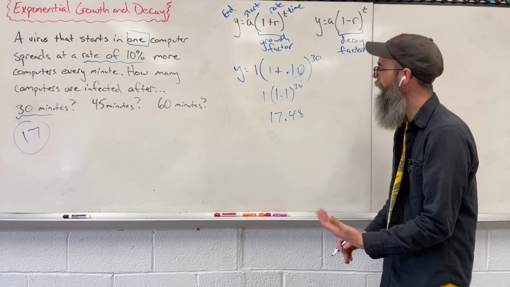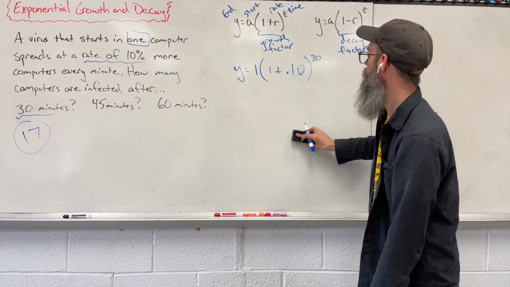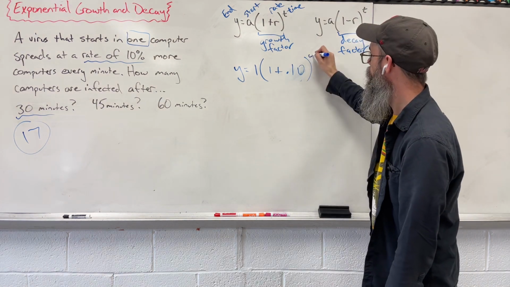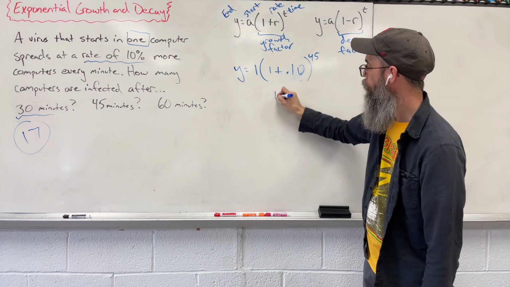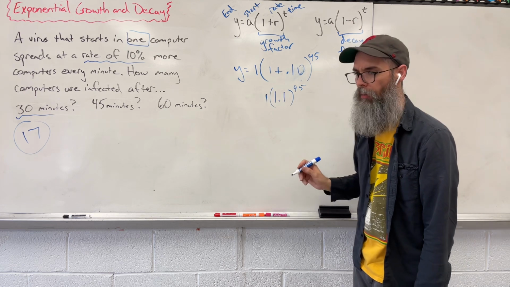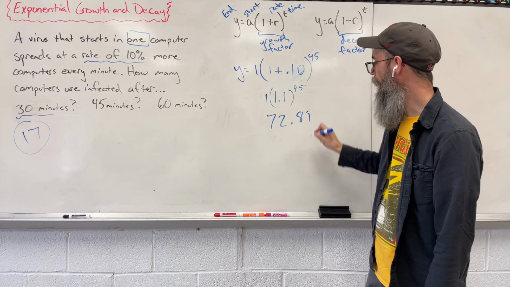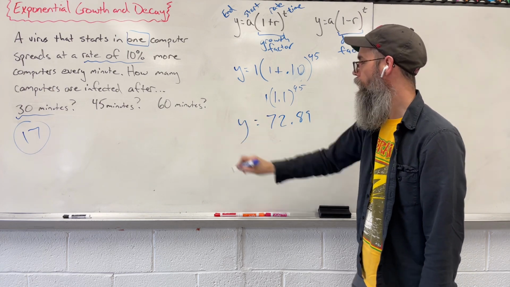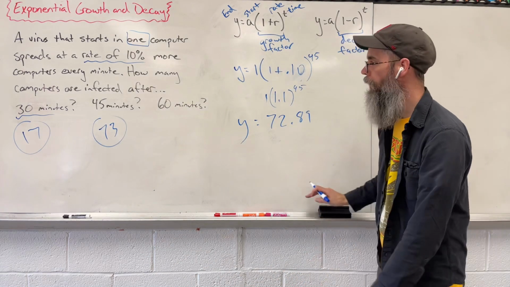We got to do this again, but this time we're going to use 45 minutes. So again, 1 plus 0.1 gives us 1.1, raise that to the 45th power, and we're left with 72.89. Wow. We can say 73 computers because we're just about there, rounding.